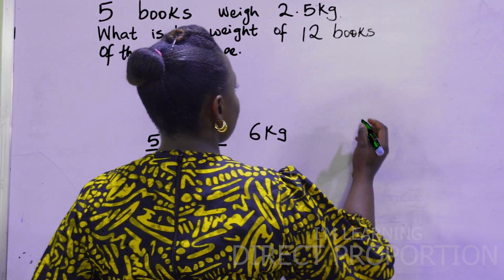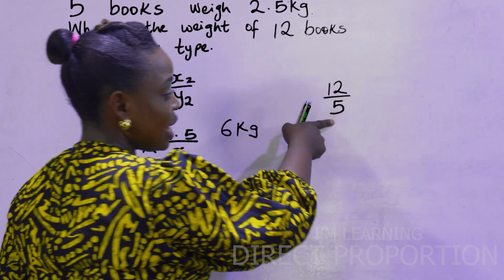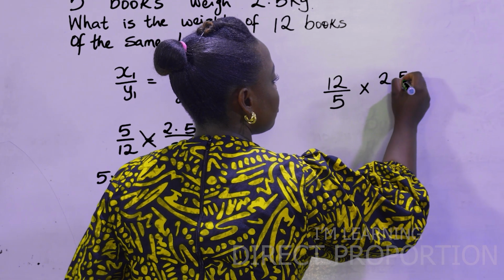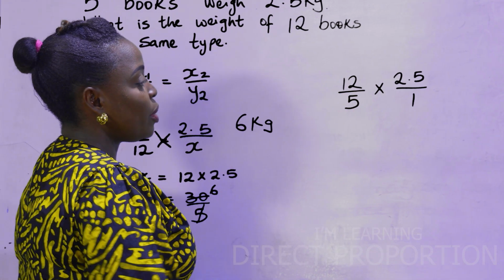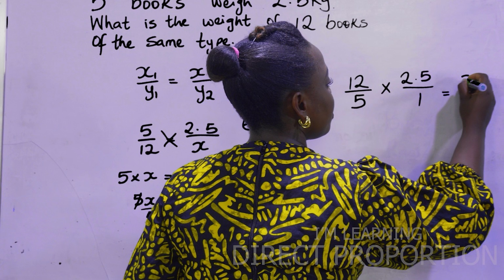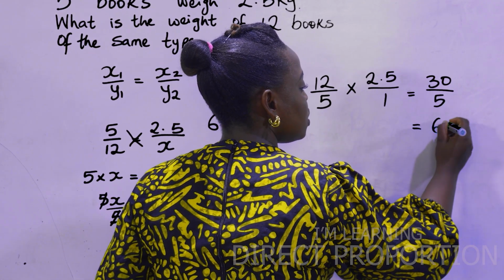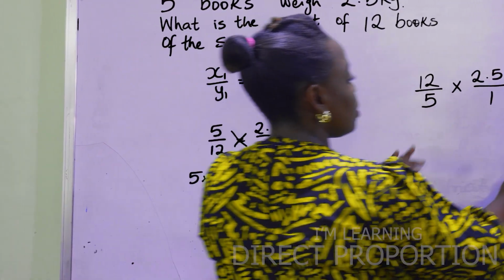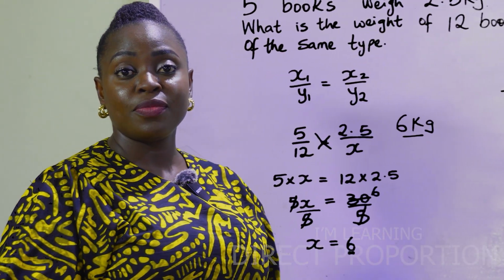And because less is going to divide, we're going to have 12 over 5, less dividing, times 2.5 over 1. Now, by the time you do this, you would have 12 times 2.5 is 30 over 5, which is equal to 6 kg. So whether you go with this method or this method, your answer is going to be 6 kg for 12 books.